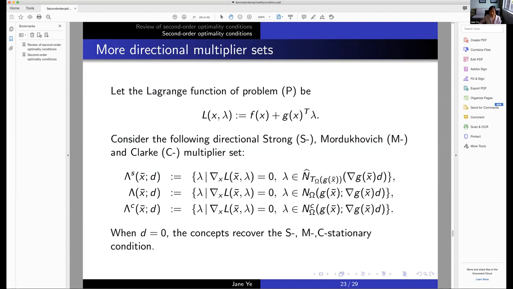We do not define regular in direction D, but you can use a regular normal cone to the tangent cone. So this will also define a strong multiplier. When D equals 0, all these concepts recover the strong Mordukhovich and Clarke stationary conditions.